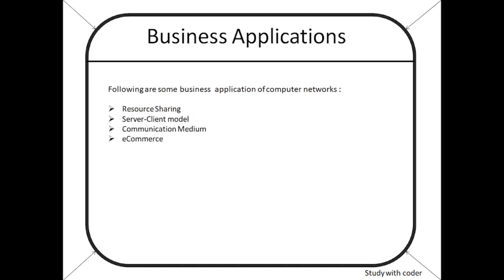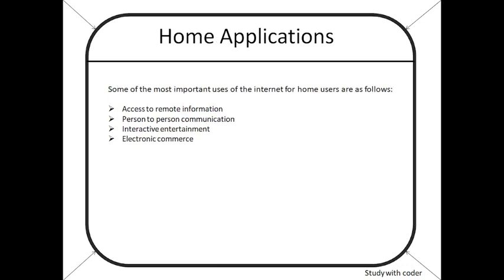Business applications. Following are some business applications of computer networks: resource sharing, server-client model, communications medium, e-commerce. These are the business applications of a computer network. Next, home applications. Some of the most important uses of the internet for home users are as follows: access to remote information, person-to-person communication, interactive entertainment, electronic commerce.